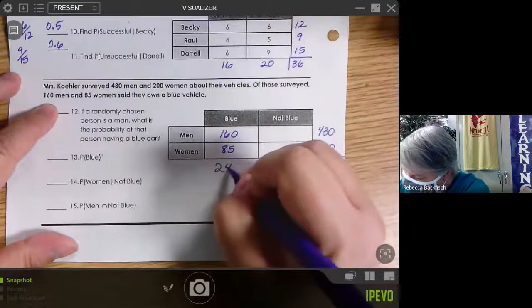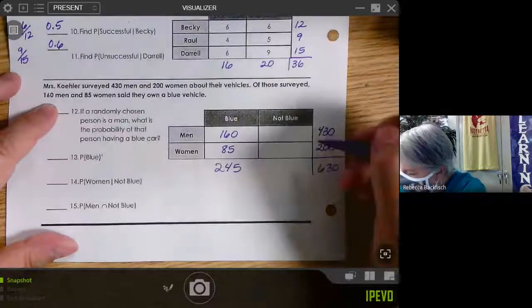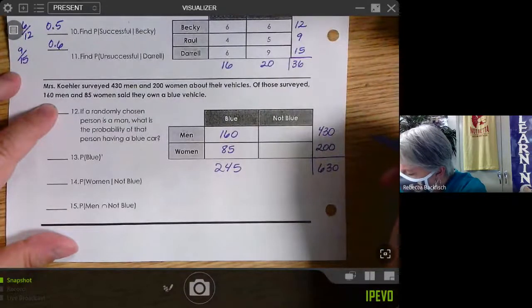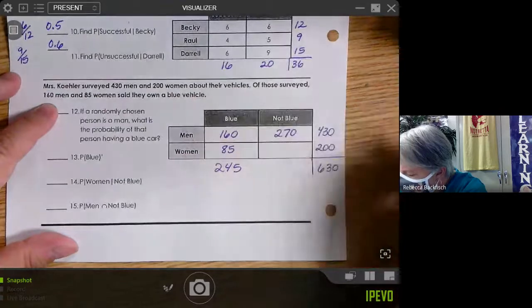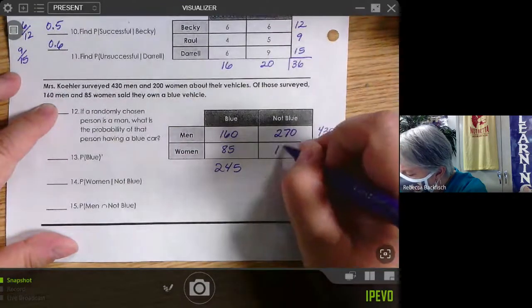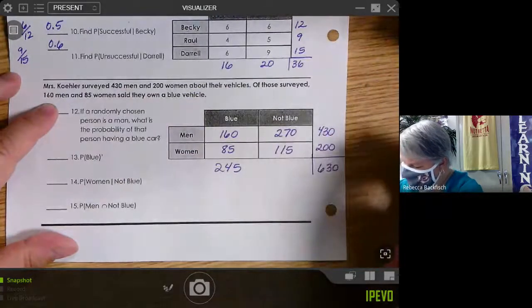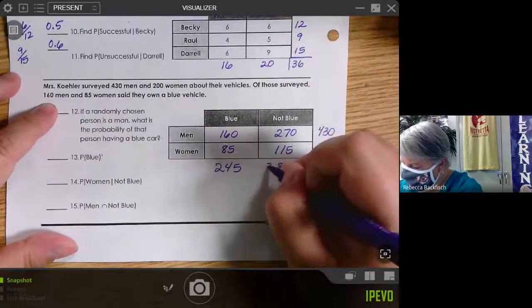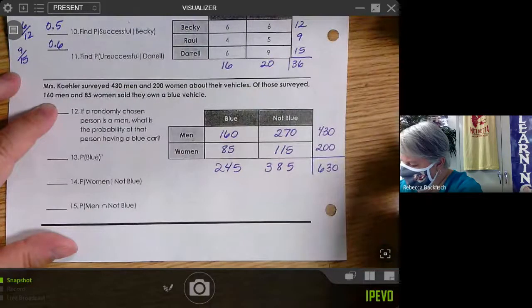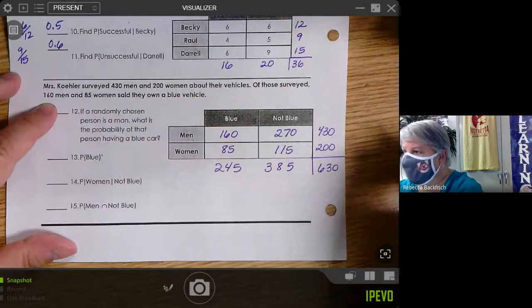This is 245. 160 from 430 leaves me with 270. 85 from 200 leaves me with 115. Feel free to jump in if I do my mental math wrong. 250, 380, that seems right. We're good? Did I do everything right?